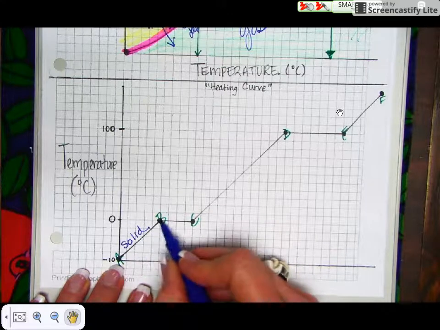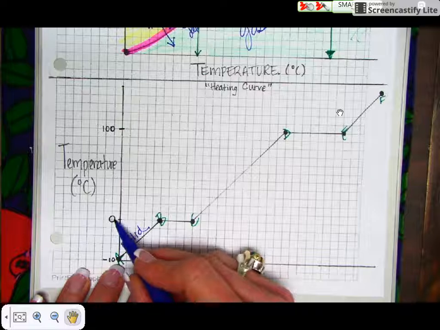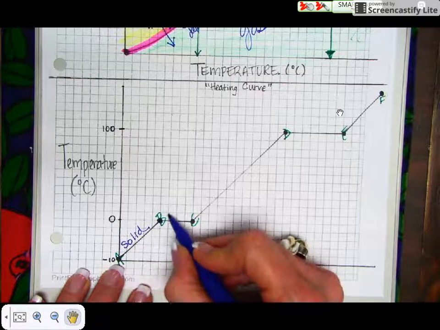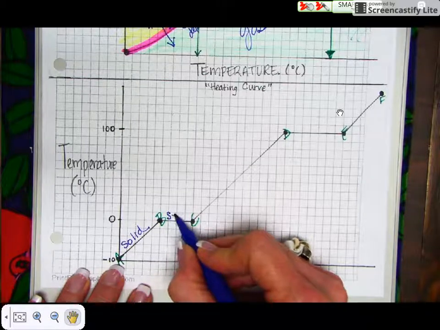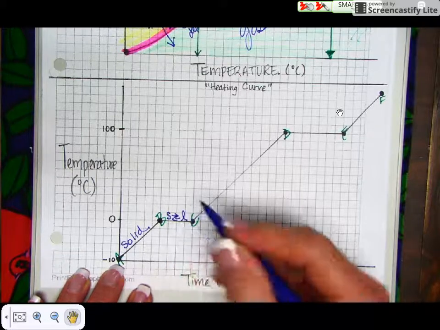And then once you reach the point that we call the melting point, here this is water, so it's 0 degrees, you have melting occur, you have two phases. You have a solid in equilibrium with the liquid. This is where melting is occurring.